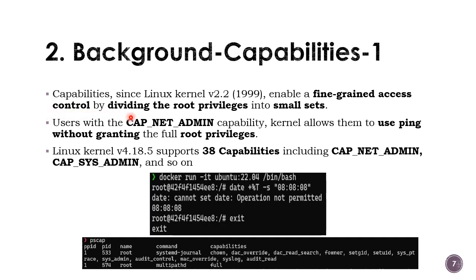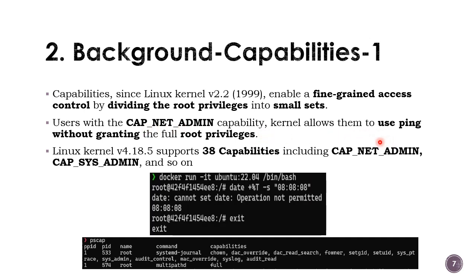So the second one is capability. This is basically a fine-grained access control which divides the root privileges into small sets. What does that mean? Generally, root can almost do anything, right? But capabilities have some labels. We have, for example, CAP_NET_ADMIN.